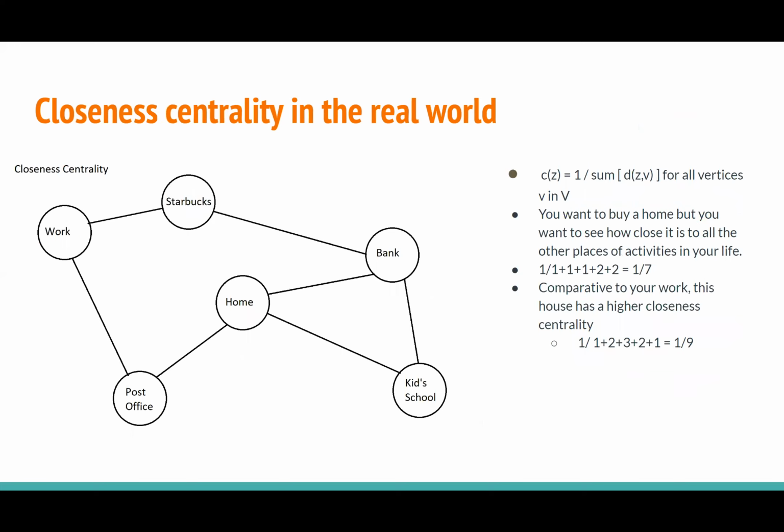The closeness centrality in the real world is similar to, the graph is similar to the one in the previous slide.